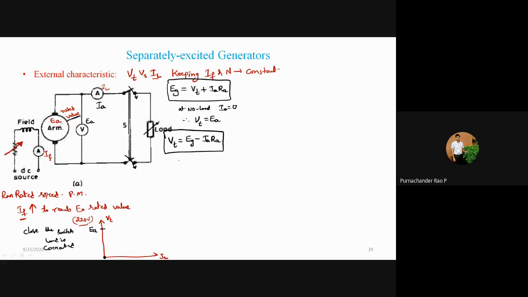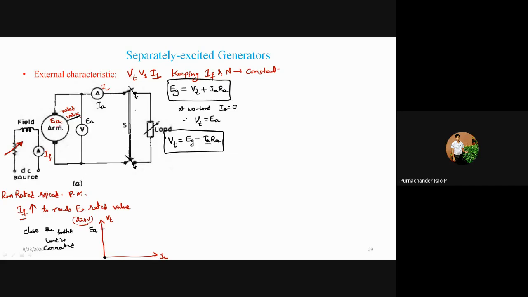Vt is equal to Eg minus IaRa. As the load is applied, you can observe some current Ia, and because of this Ia, there is a voltage drop across the armature winding, and therefore the net terminal voltage gets reduced.